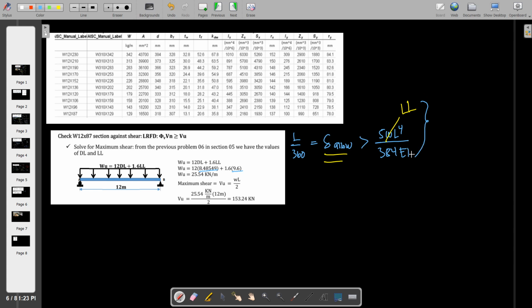Okay. Now, once you have established certain section here from this list here, no? Pag na-prove mo na safe sa shear, no?